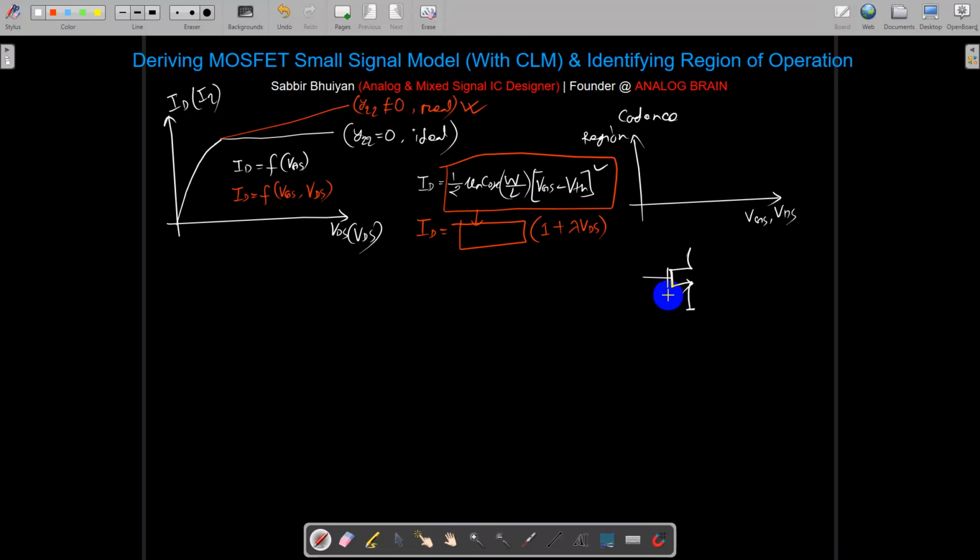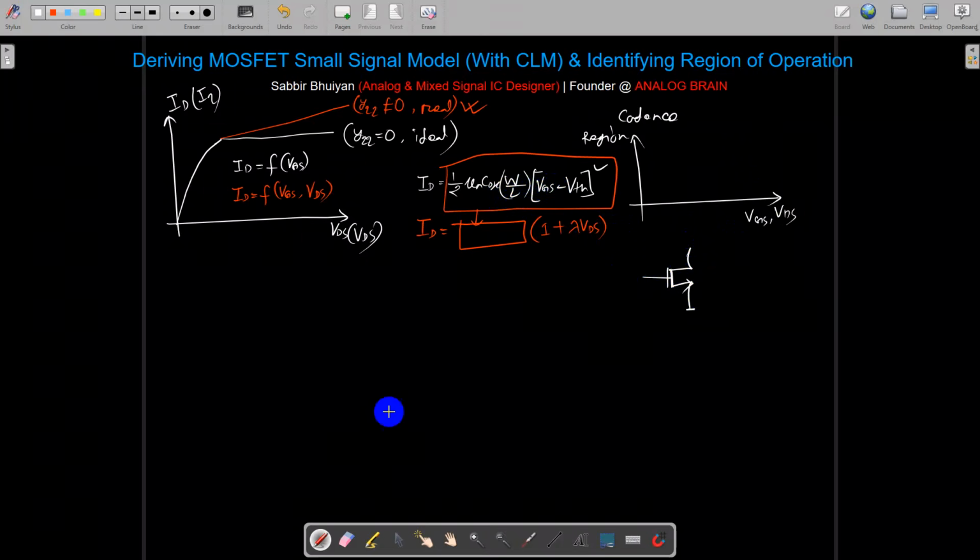It is biased and it is on, but I'm not specifying whether it is in the triode region or the saturation region. I'm also not saying that your small signal model is only valid for the saturation region. It is valid for every region, as long as your signal is small. So let's think that it is in saturation and you have your bias.